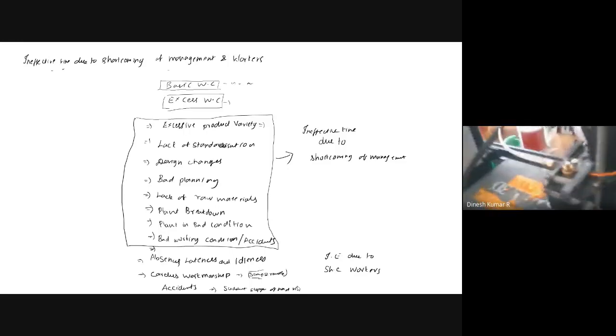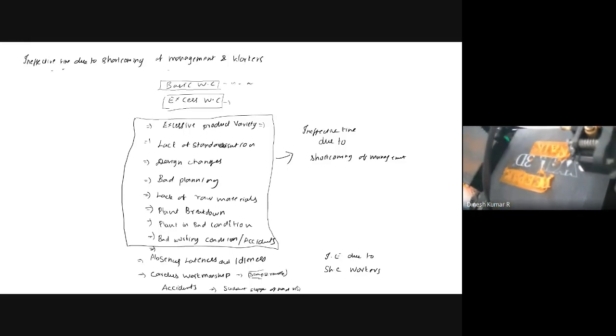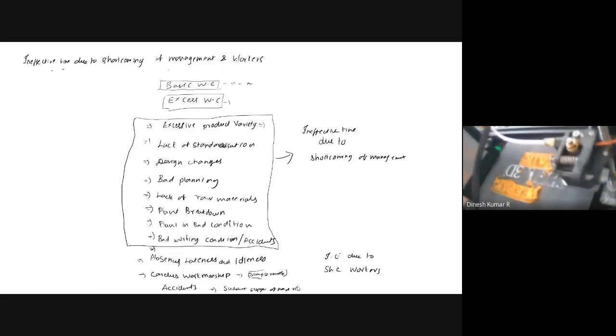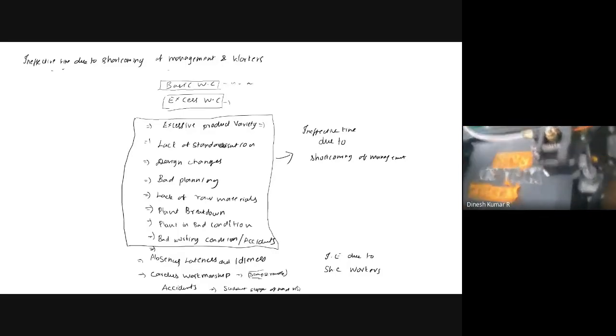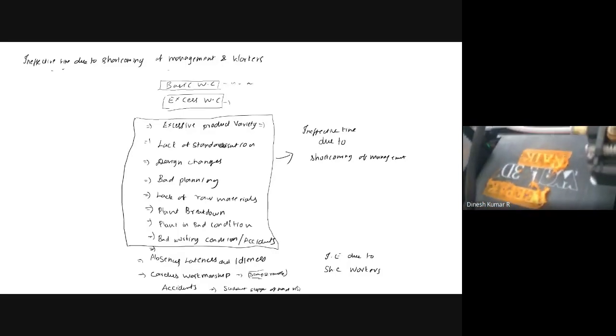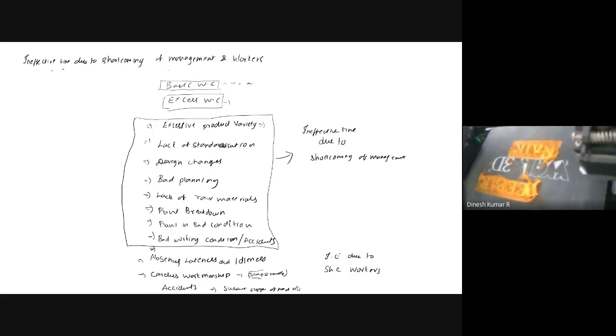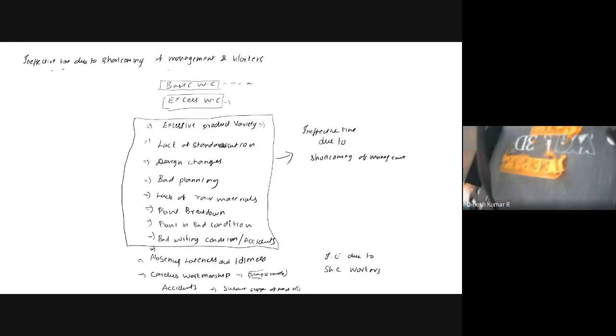This is the example for accident or absence of worker. What I did is I started this particular project, started printing it. I thought everything would go smooth and I went home.